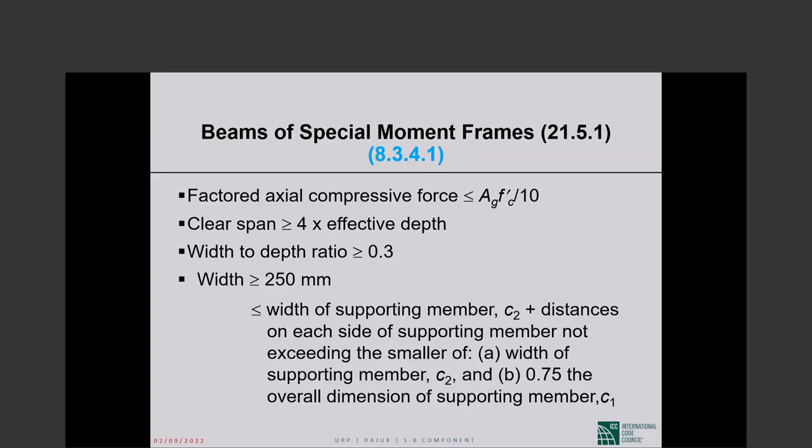They cannot be used as part of the seismic force resisting system, which means the seismic forces have to be taken by something else. That something else in concrete buildings is shear walls. So we built all over the place flat plate column frames carrying gravity only, with 100% lateral force resisting shear walls.